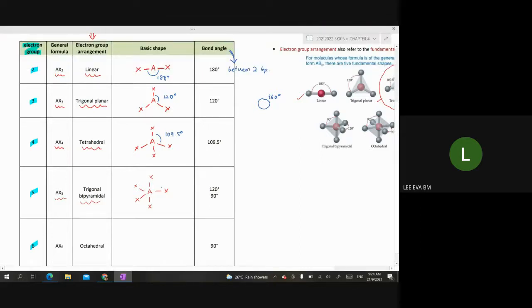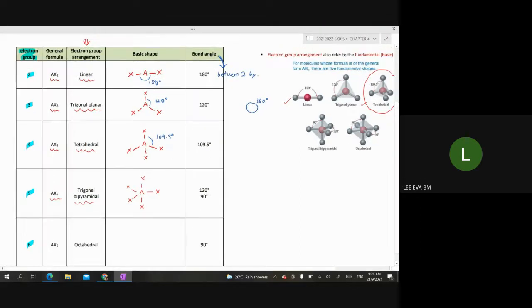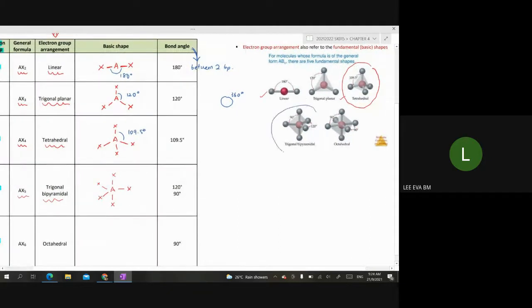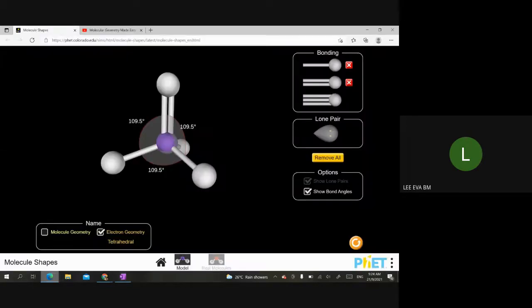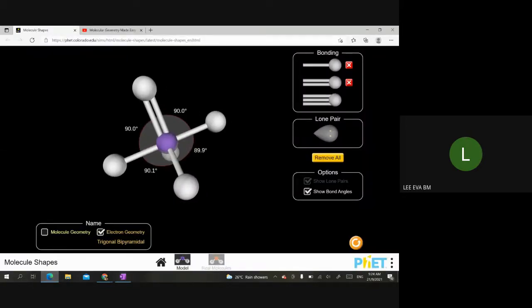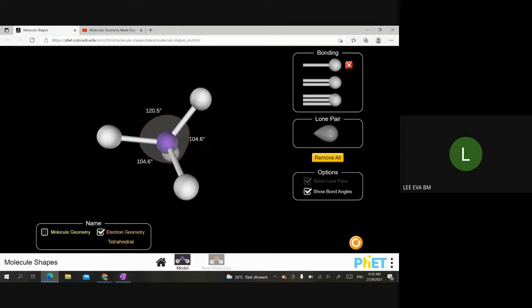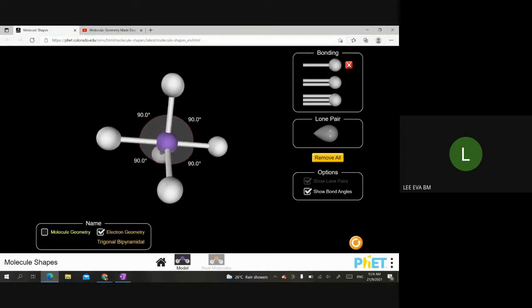Okay. So before I showing you the bond angle, first we look at the structure here. Trigonal Bipyramidal. 3 bonding pair on the plane. And then 2 bonding pair, 1 up, 1 down. So if you're looking at the 3D structure, so let's say Metal add 1 more. Metal tak nak double bond lah, semua buat single bond dulu. Okay.